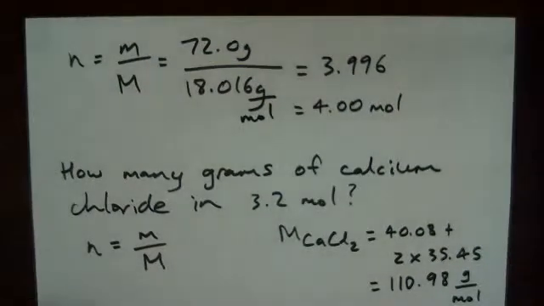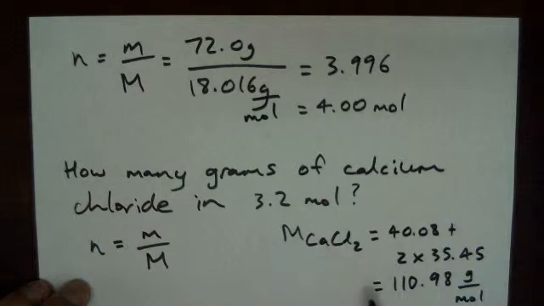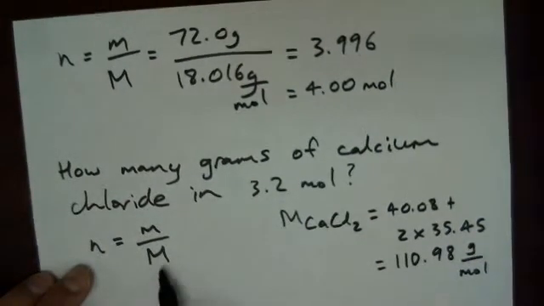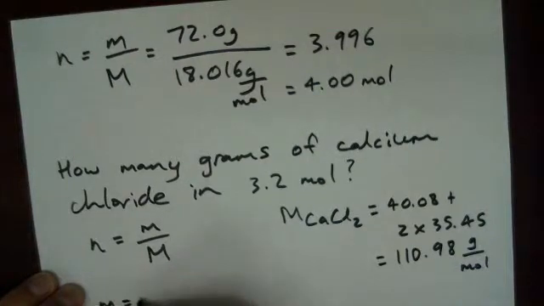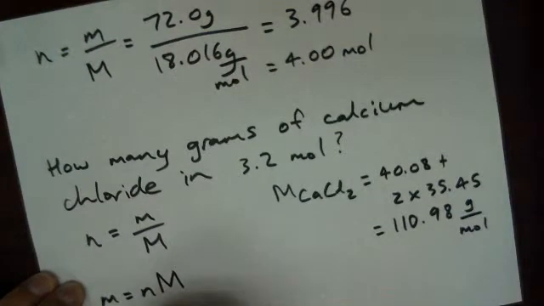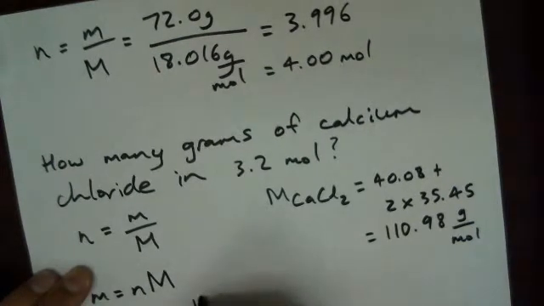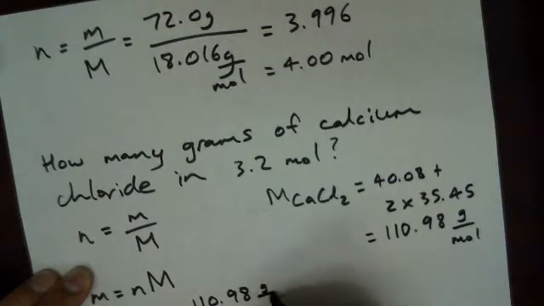And so we have to rearrange this equation because we are after mass, so we rearrange it to be mass equals number of moles times molar mass, which is going to equal our 3.2 times our molar mass, which is 110.98 grams per mole.